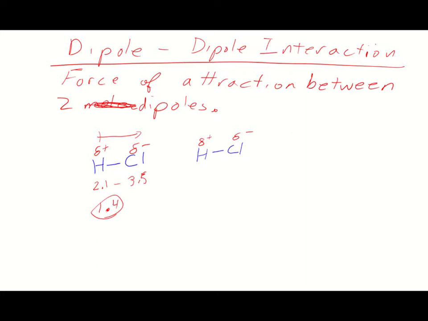The partial negative charge on the chlorine here is attracted to the partial positive charge on the hydrogen of a different molecule, right? We're in two different hydrogen chloride molecules. Then the partial negative charge on this hydrochloric acid molecule is attracted to the partial positive charge on that hydrogen in this different hydrochloric acid molecule.